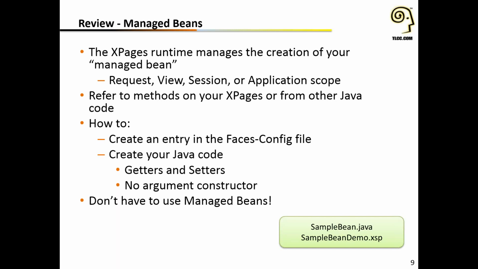In our Java code, we're going to use getters and setters to allow access to the code in the Java class. And we're going to have a constructor. The only rule is it cannot have any arguments, so you can't pass any arguments into the constructor.